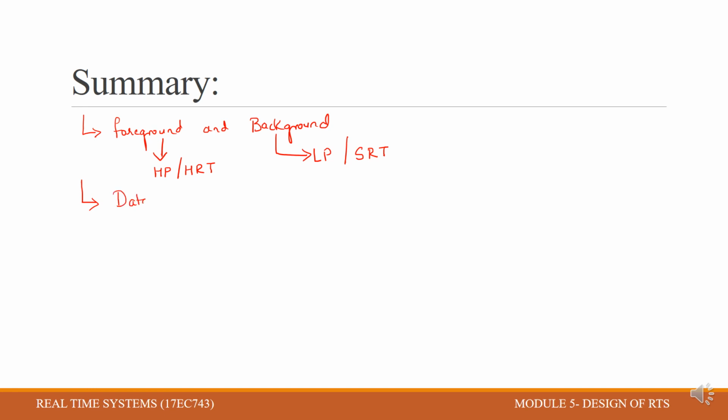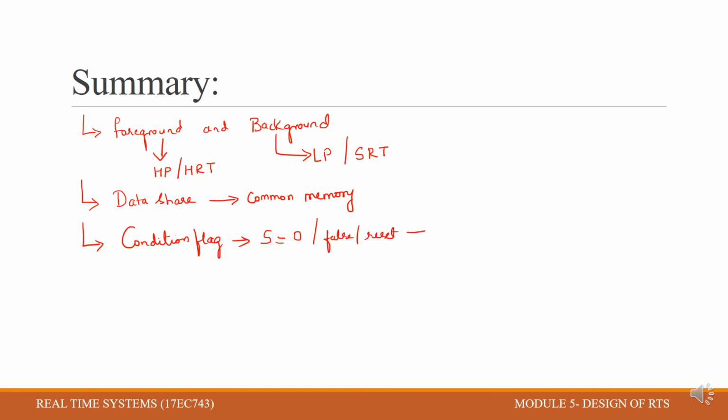Later we understood how to share data using a common memory. We also tried to understand what a condition flag is. A condition flag basically means that if the value S is 0, or false, or reset, it means that the resource is available.